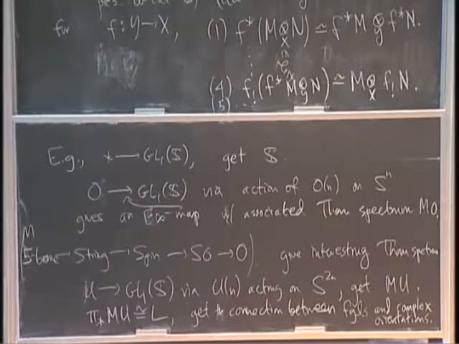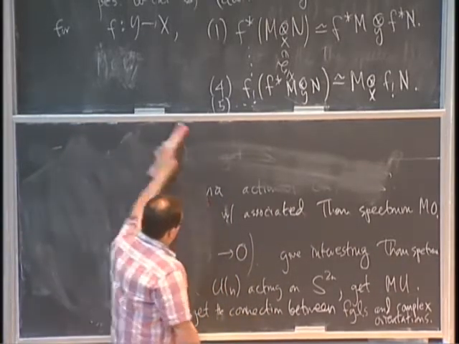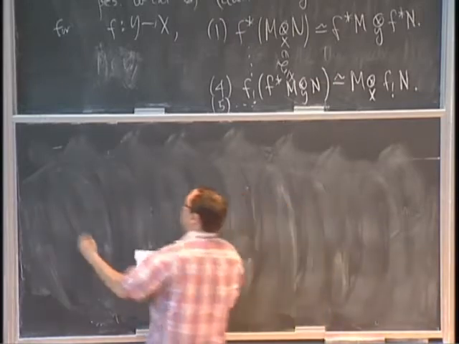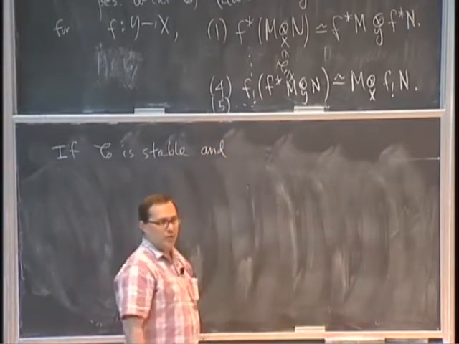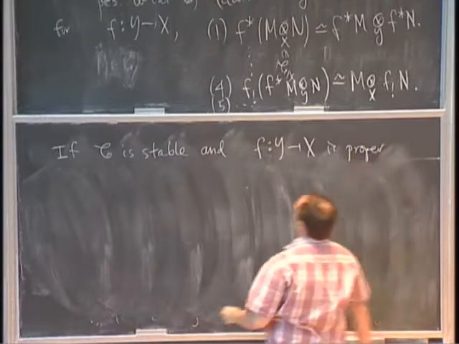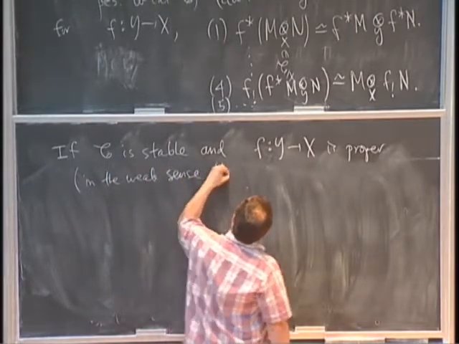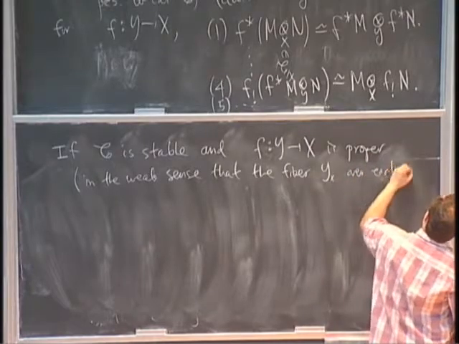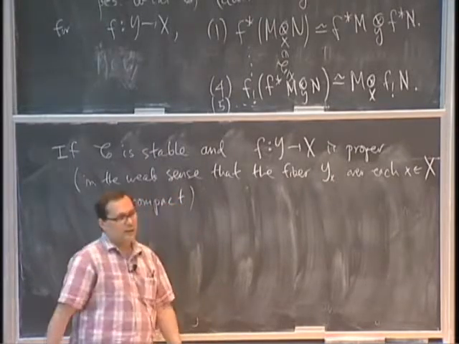But what I do want to say is, if C is stable, in addition to these other properties, and f from Y to X is proper, just in the weak sense that the fibers Y_x over each x in X are compact, I don't mean anything fancy here.